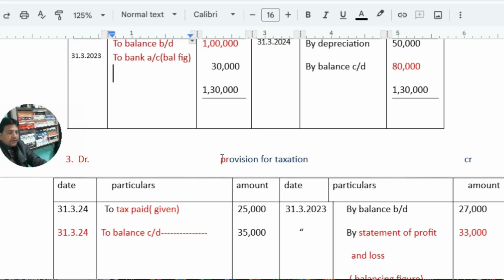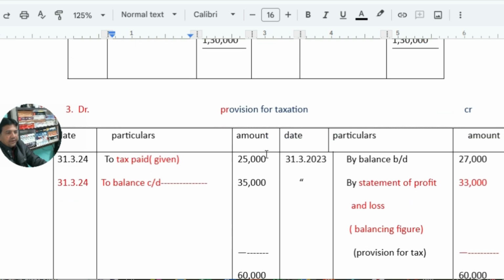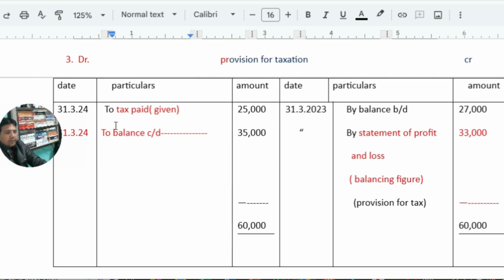So next, provision for taxation. Here since provision for taxation is a liability, the opening balance is started on the credit side. So 27,000, the balance value given in the question as of 2023 March 31st. It is given, provision for taxation 27,000.